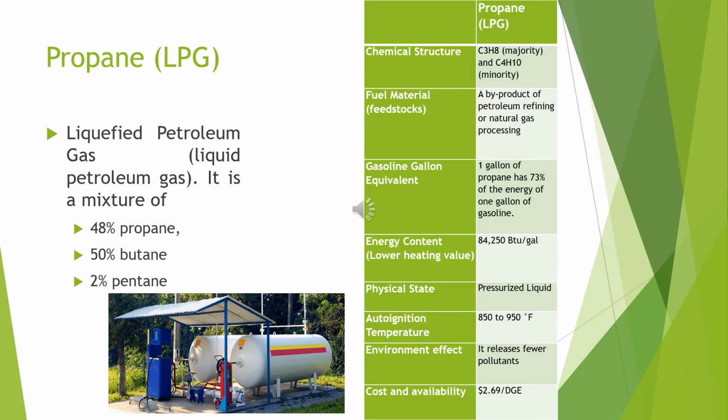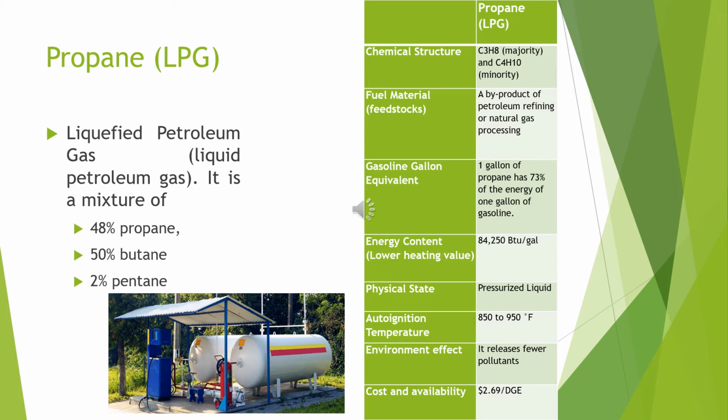Liquefied petroleum gas, LPG, is a mixture of 48% propane, 50% butane and 2% pentane. The fuel material is a byproduct of petroleum refining or natural gas processing. Its gasoline gallon equivalency is that 1 gallon of propane has 73% of the energy of 1 gallon of gasoline, and the energy content is 84,250 BTU per gallon.